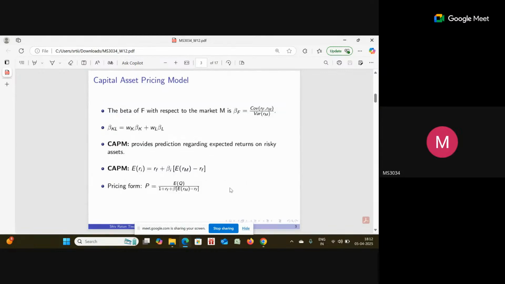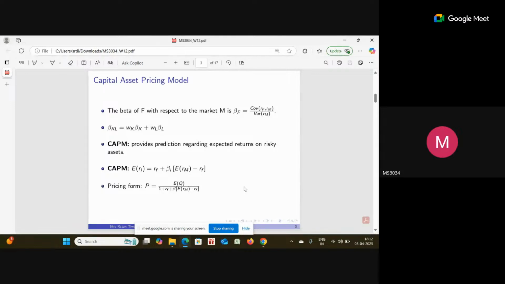Okay, now what CAPM does: if we have the returns of a particular asset i and we have the beta of this particular asset, then we can draw it on an xy plane where on the y-axis there is the asset return and on the x-axis there is beta of this particular asset.